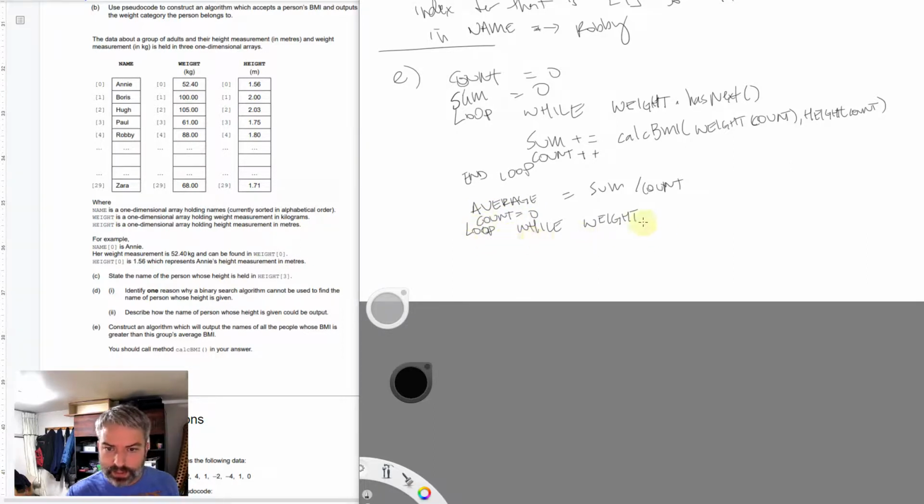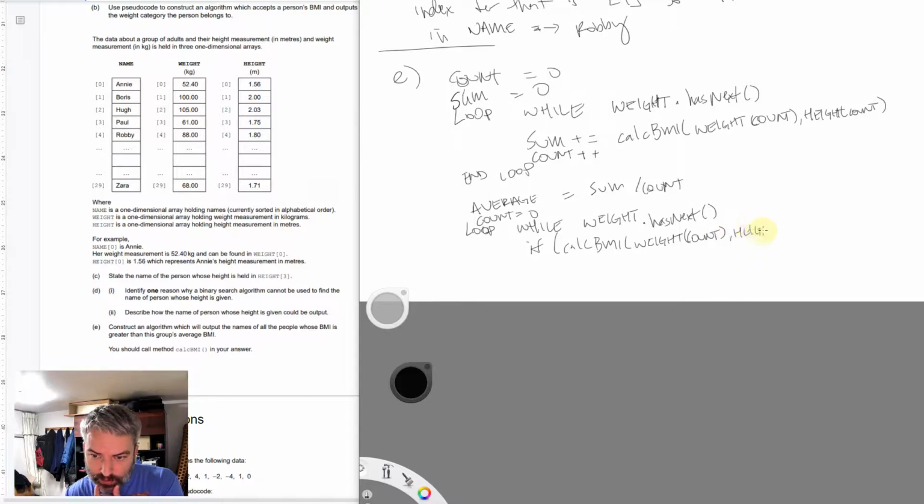So loop while weight dot has next, and we could do a new variable for count, but I'm just going to leave it as that. And this is where we need to calculate. So if the BMI, calc BMI, weight, count, height.